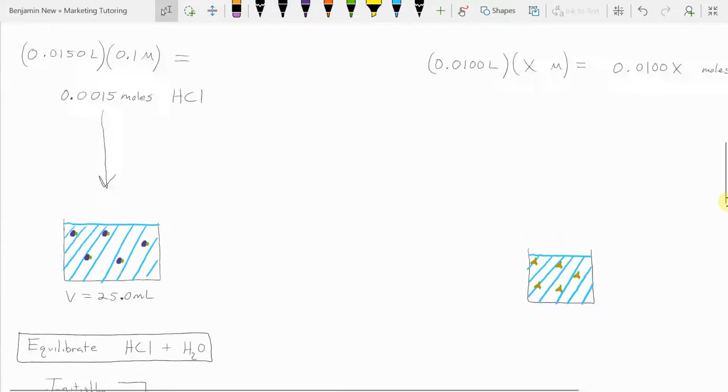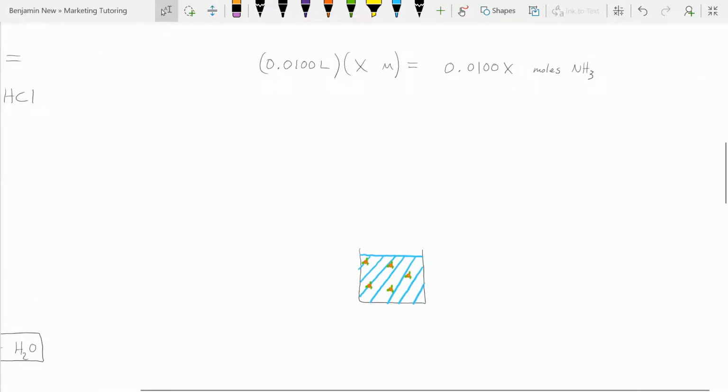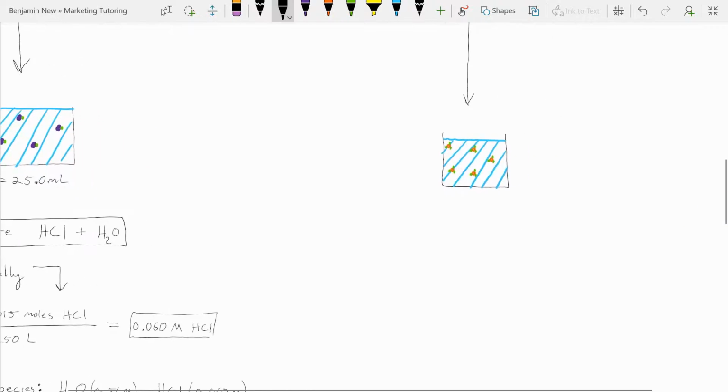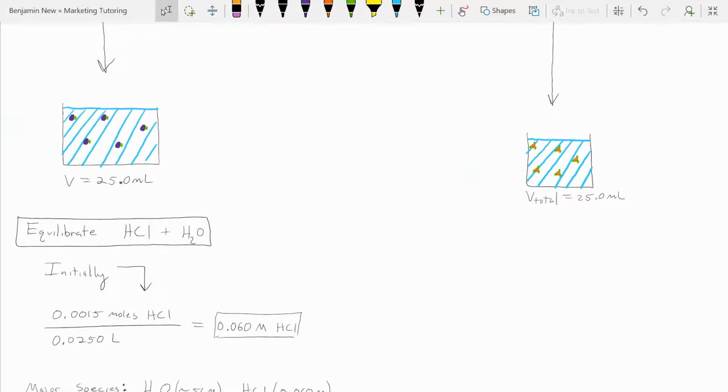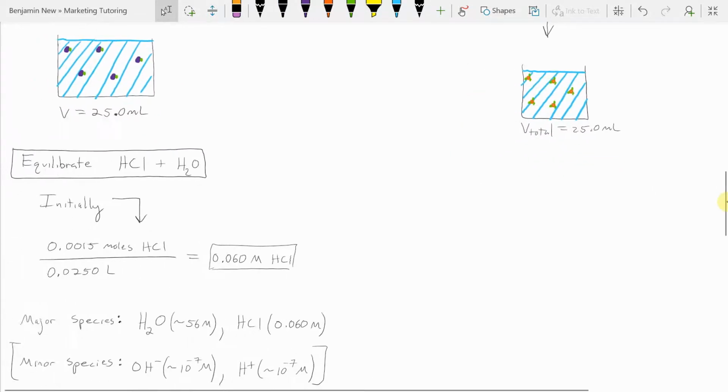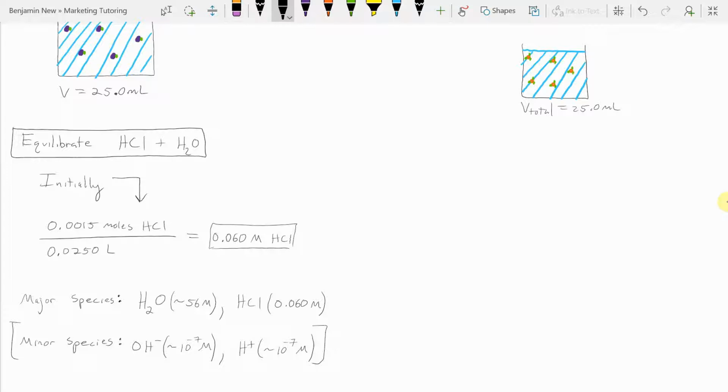Okay. So we take the number of moles. I know we have a variable here, but we'll be able to handle that shortly. And then we also note that the total volume is 25.0 milliliters, just as over in the left. And in this case, we're going to consider separately the equilibration.